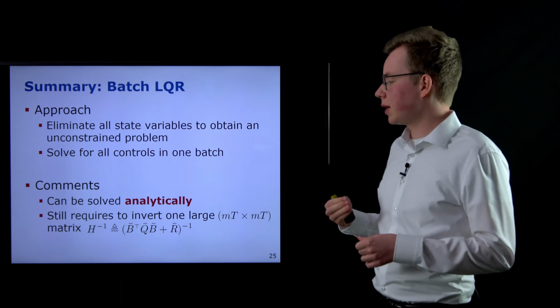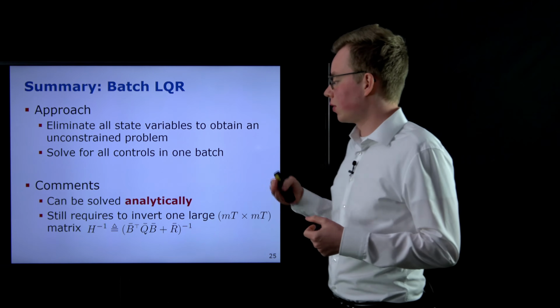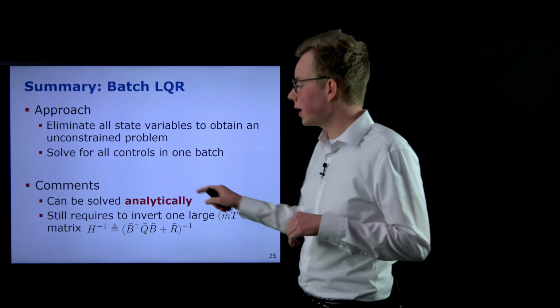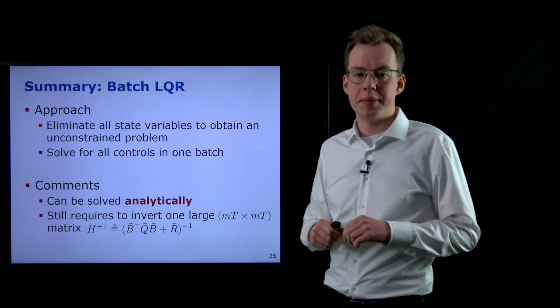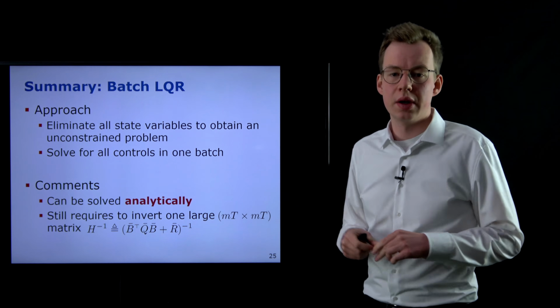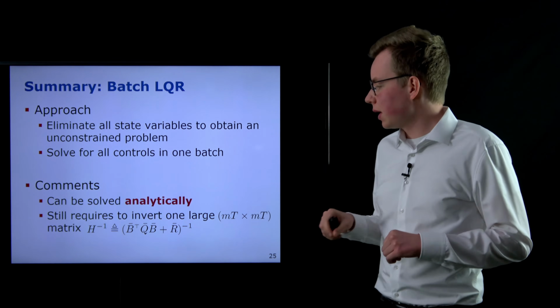A few comments on this approach. The nice thing is that we can solve it analytically, which follows from the fact that it is a convex quadratic problem. This is much more efficient than having to take small steps towards a local solution. Instead, we can find the global solution simply by solving a linear system of equations.